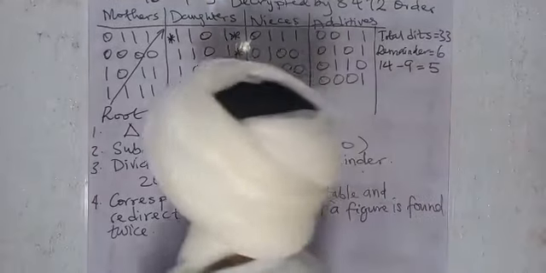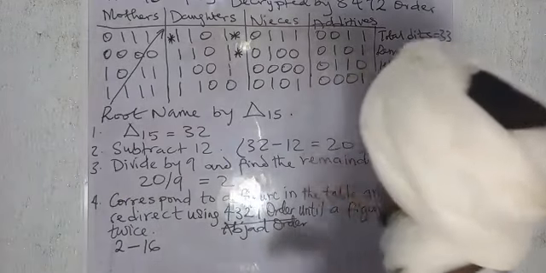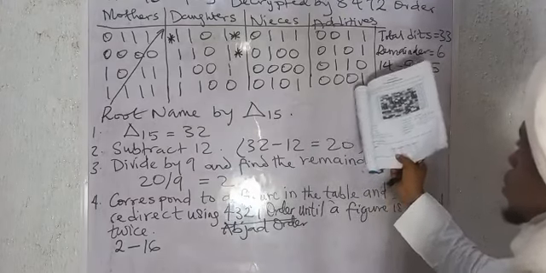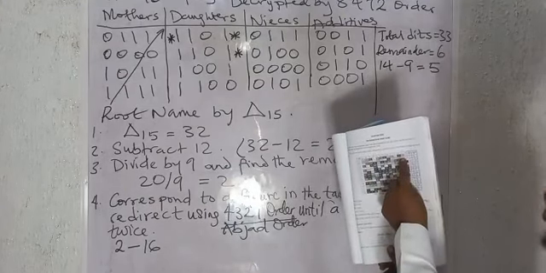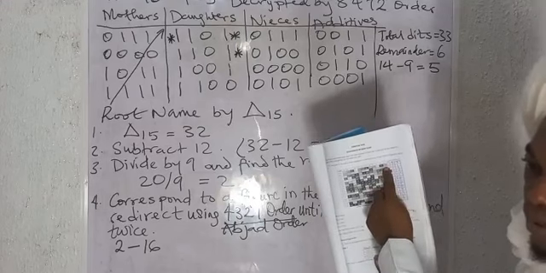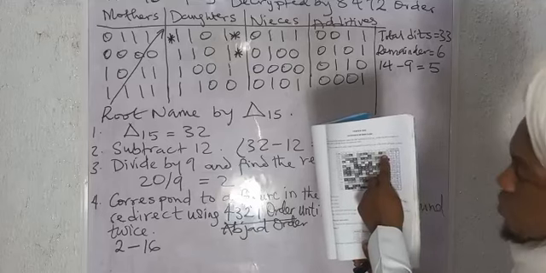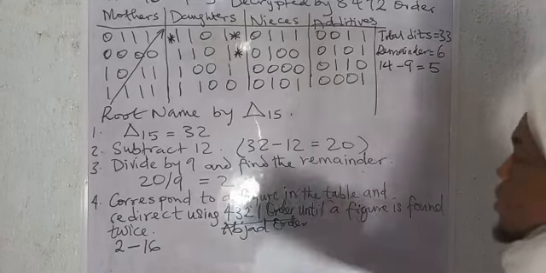So that means from 2, we are redirected to where? 16. Now look at figure 16. What is there? 0, 0, 0, 0, 1. So you check 0, 0, 0, 1 under L. So you are redirected to where? Under L, 1. So we go to house 1.